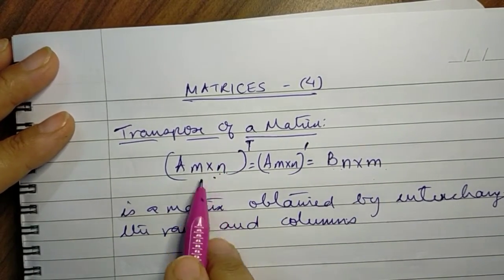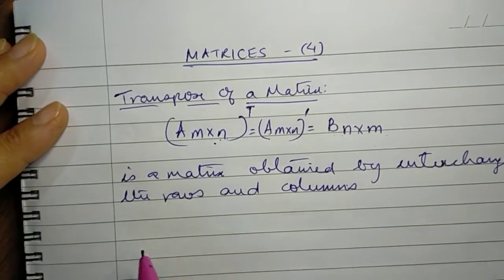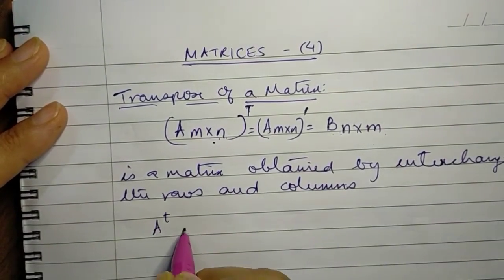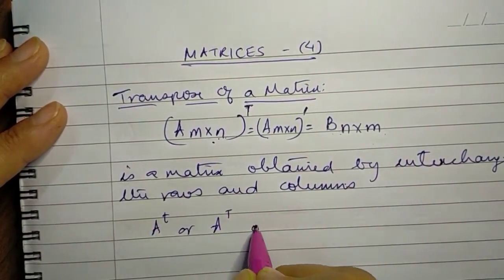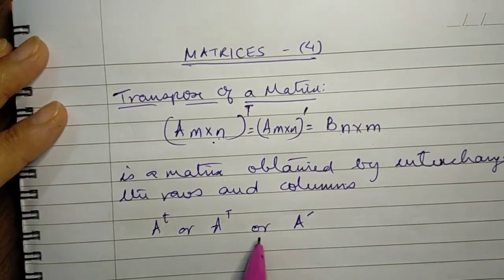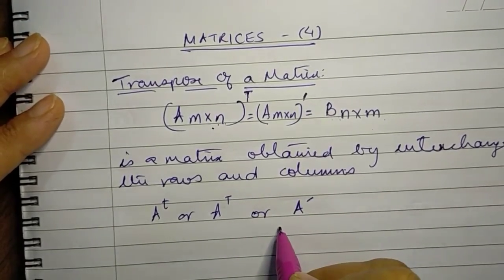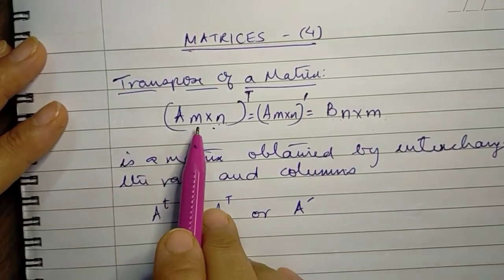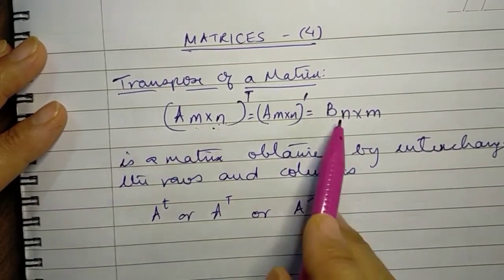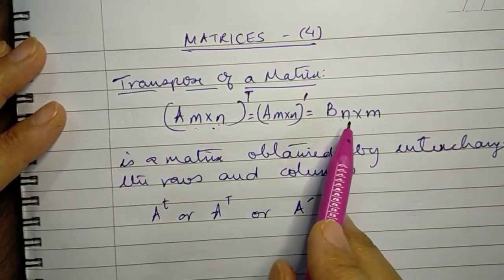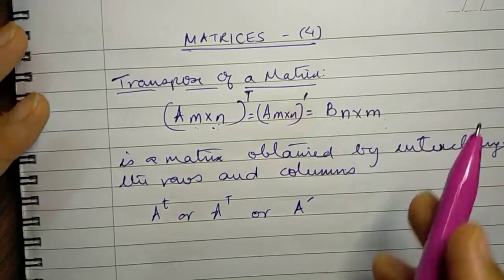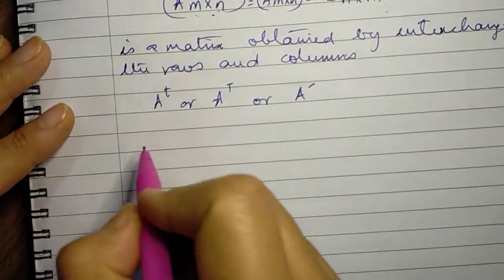So we can denote it by either A transpose or A capital T or A dash. All these three mean the same. And so if A is a matrix of order m by n, A transpose would be a matrix of order n by m.